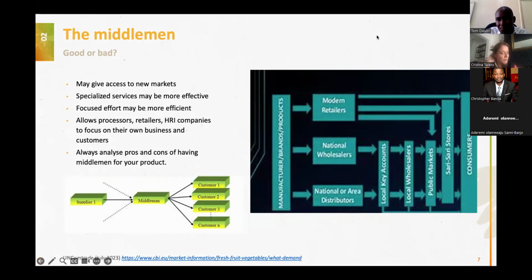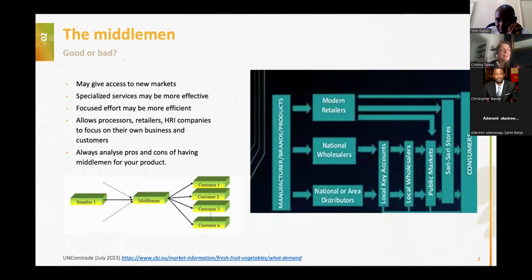I think it was Mpofu that said that earlier. Christopher was right. It allows everybody to focus on their own business and their own customers. You should always analyze the pros and cons of using distributors or agents or aggregators in your supply chains.